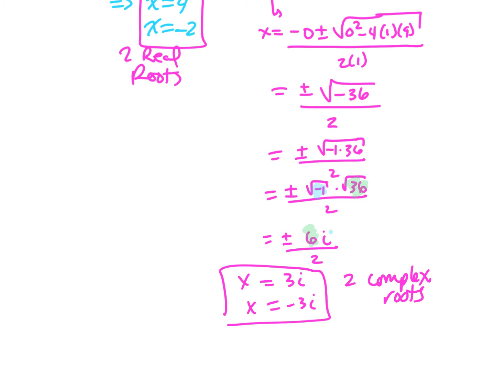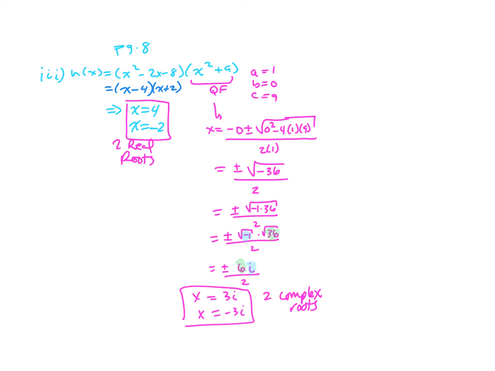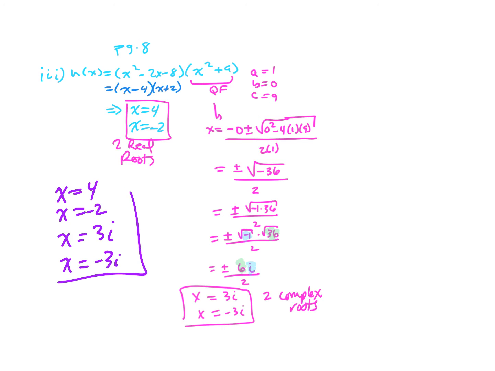The -1 is the i. Okay. So for this one, same thing. You have 4 roots total. So you have 2 real, and then you have 2 imaginary. Four roots total, because it's 4th degree.